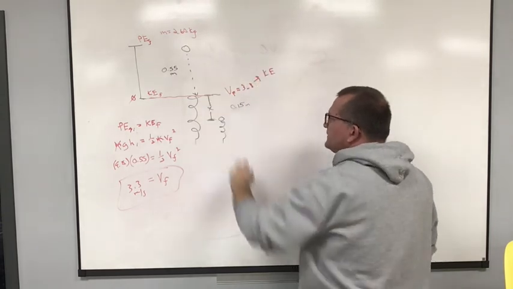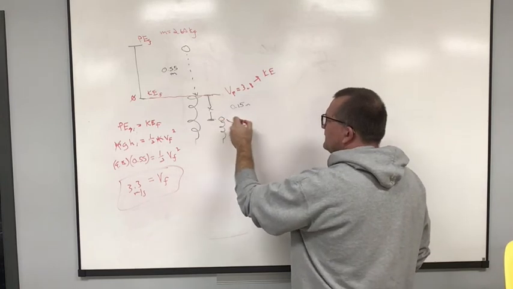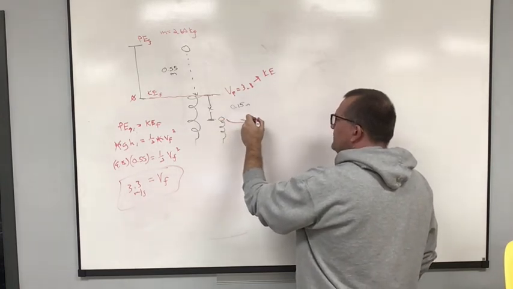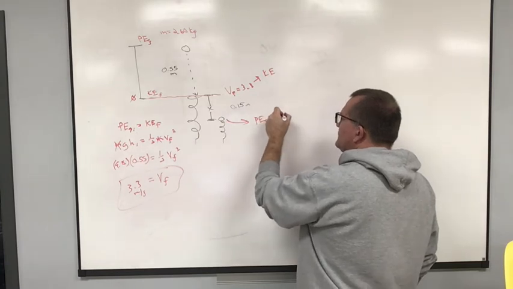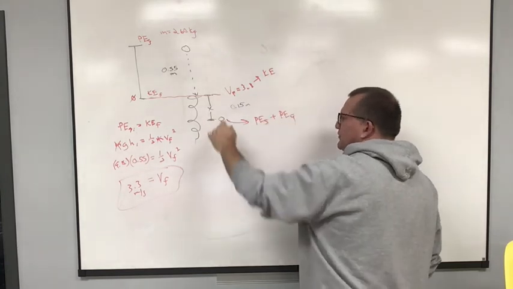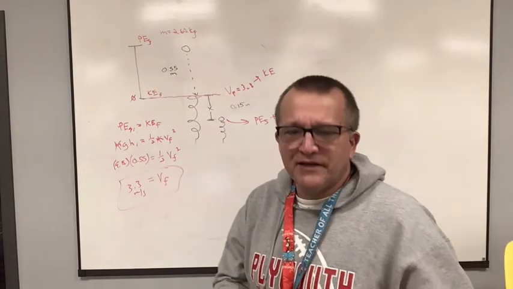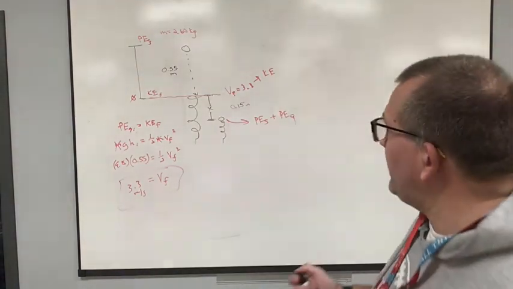Now, as the spring gets compressed, 2 things happen. We get potential energy from the spring, and we get potential energy due to gravity because we're going below our 0 point. And so we have to account for both of them, which is okay.